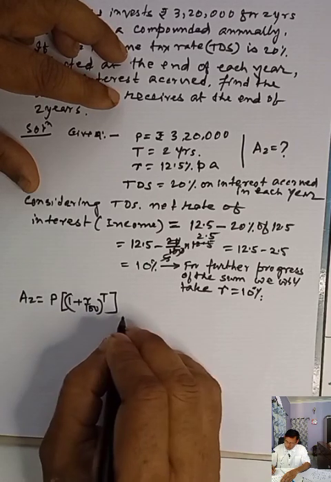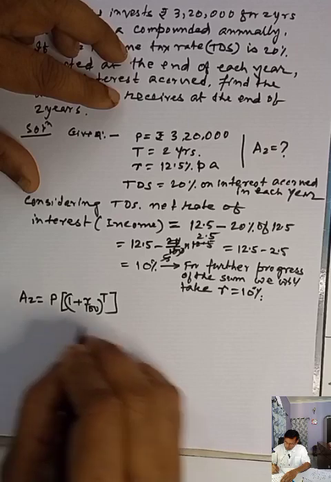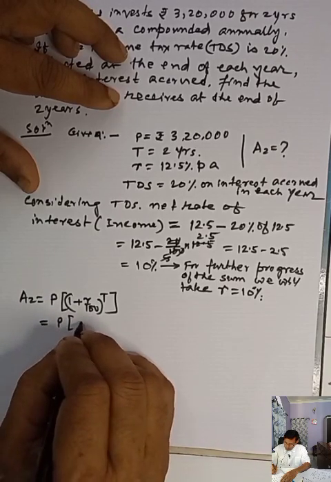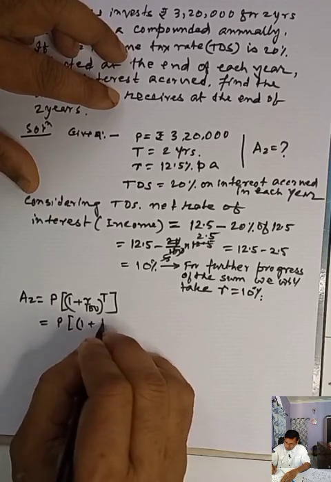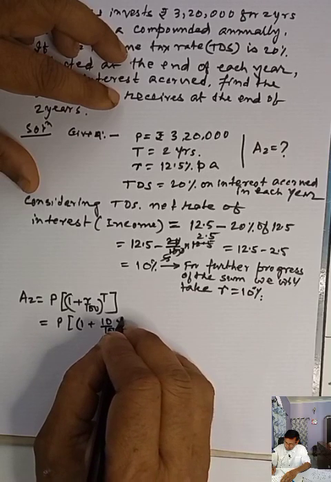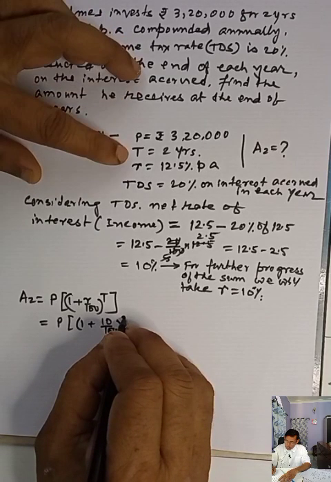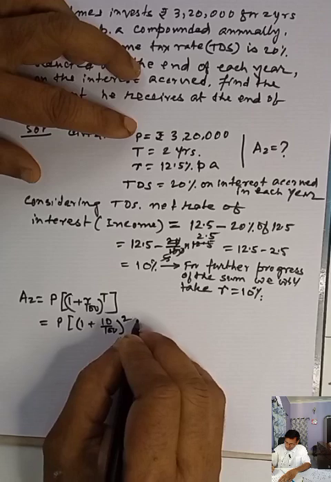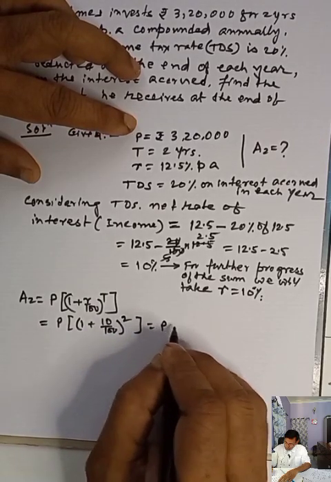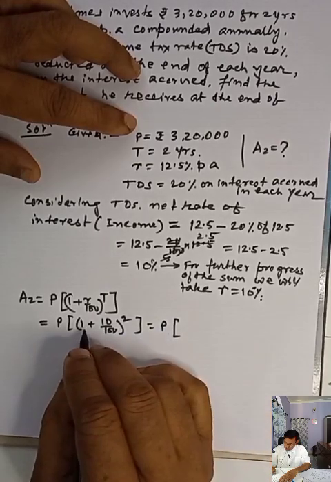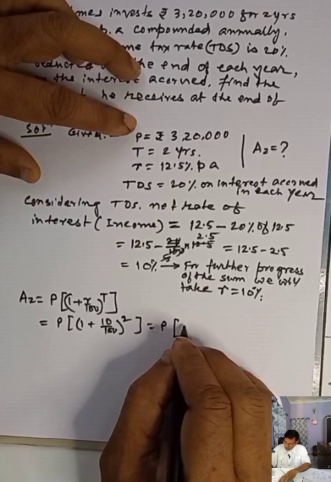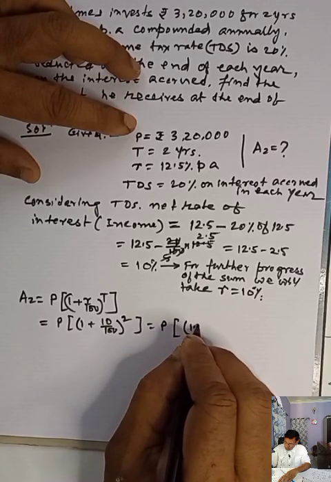Then if we put the values, P into 1 plus 10 by 100 to the power T, T is 2, is equal to P into 1 plus 0.1, so I'm writing here 1.1 square.